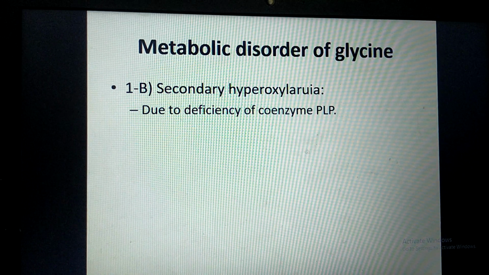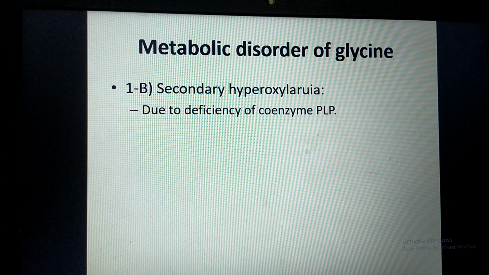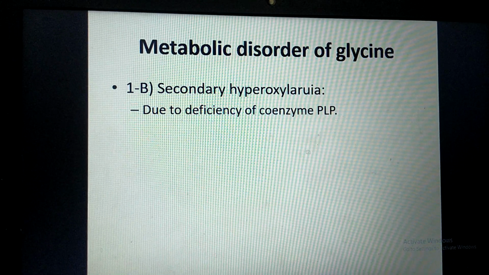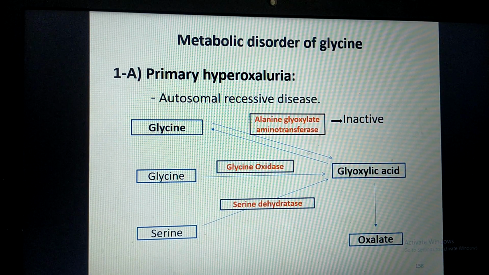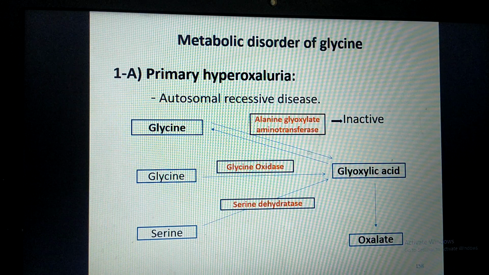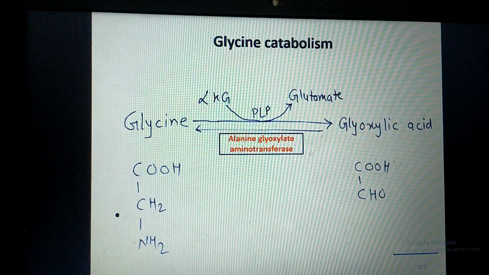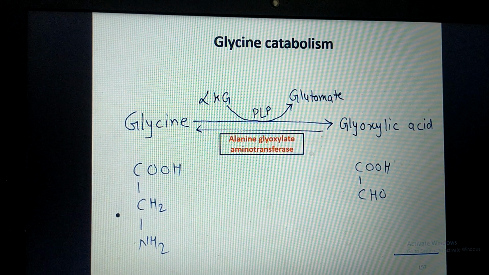Now coming to secondary hyperoxaluria. Secondary hyperoxaluria is due to deficiency of coenzyme pyridoxal phosphate. This pyridoxal phosphate is required for conversion of glyoxylic acid to glycine, the first reaction, which is a transamination reaction, and pyridoxal phosphate is required.